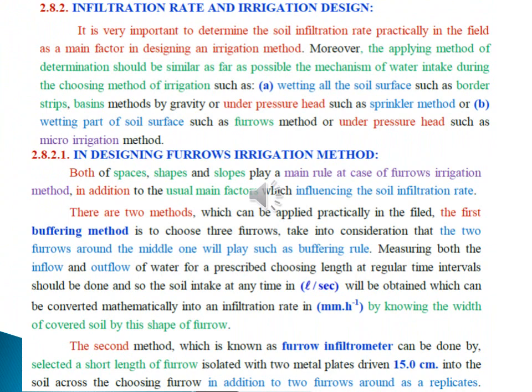It is very important to determine the soil infiltration rate practically in the field as the main factor in designing an irrigation method. For example, in designing the furrow irrigation method, there are two methods, such as the buffering method and the furrow infiltrometer.